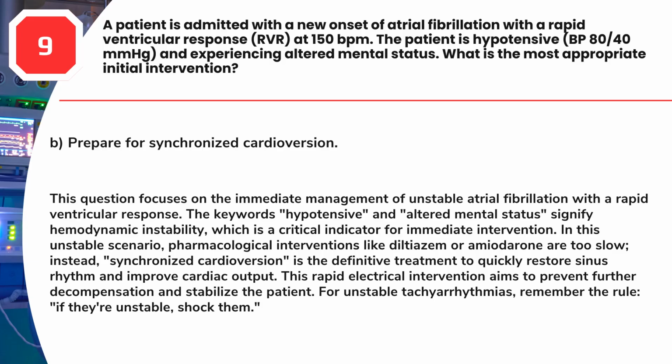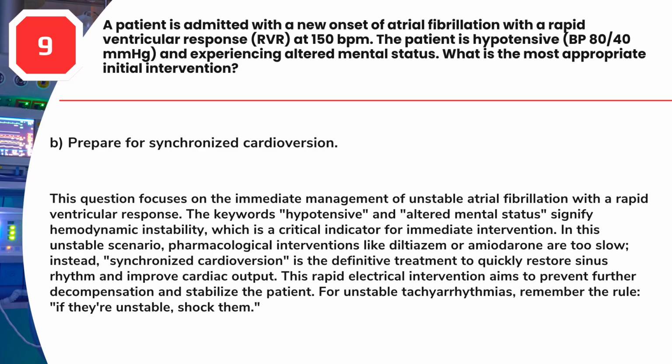This question focuses on the immediate management of unstable atrial fibrillation with a rapid ventricular response. The keywords hypotensive and altered mental status signify hemodynamic instability, which is a critical indicator for immediate intervention. In this unstable scenario, pharmacological interventions like diltiazem or amiodarone are too slow.